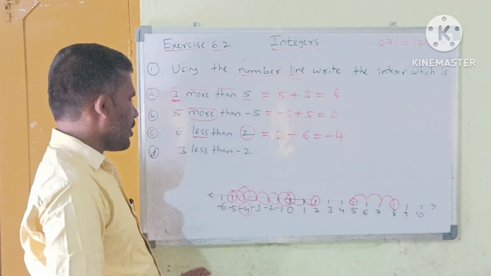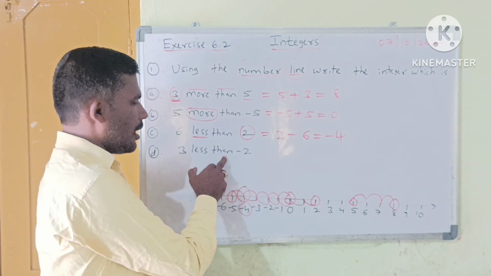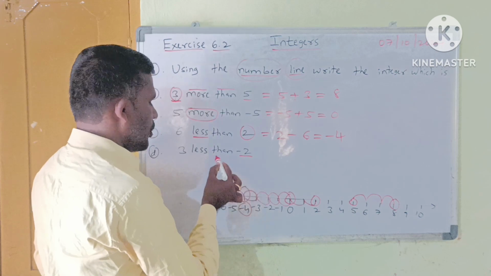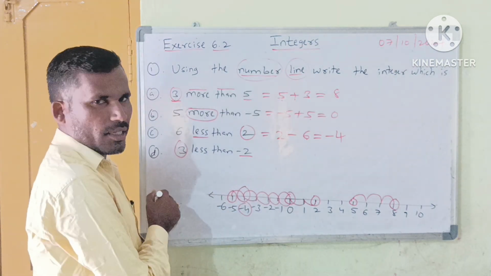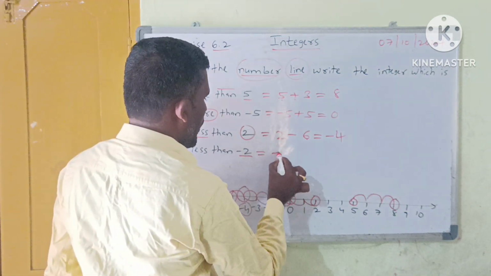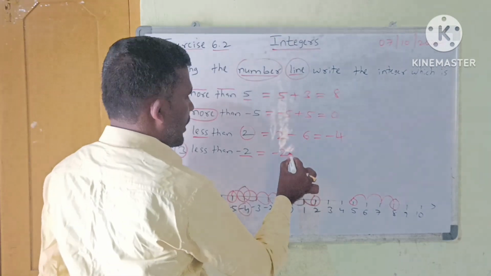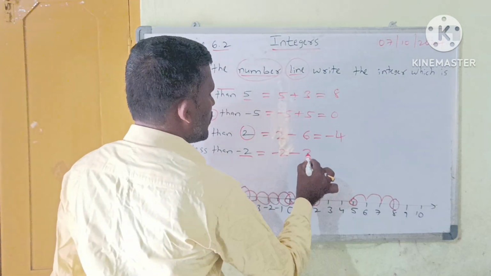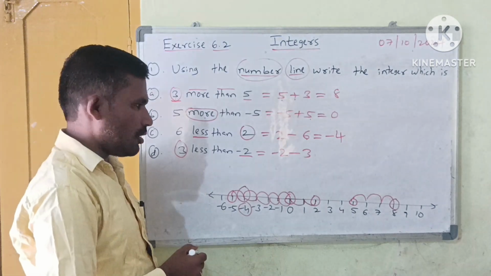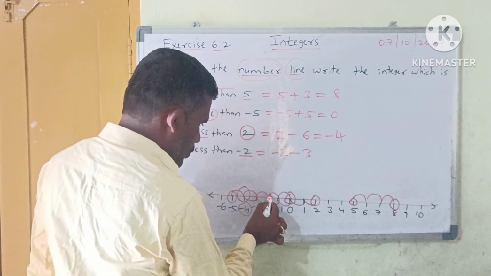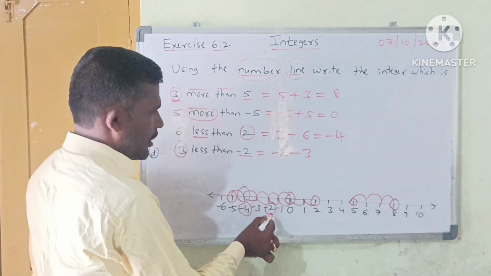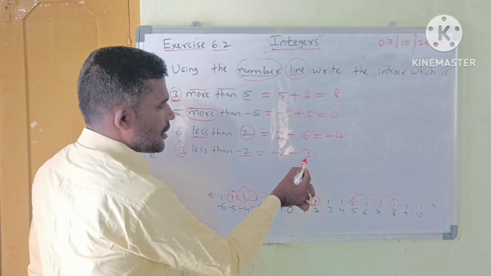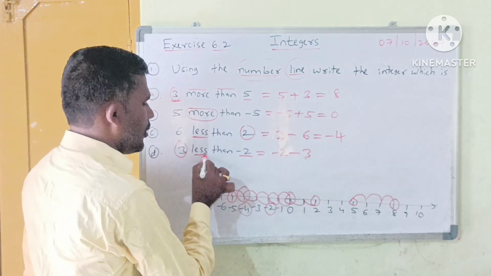Last one. 3 less than minus 2. So from the minus 2 you have to go less how much? 3. So minus 2, less is a negative. Negative how much here? 3. So from the minus 2, here 3 values you have to move to the left side because here less value.